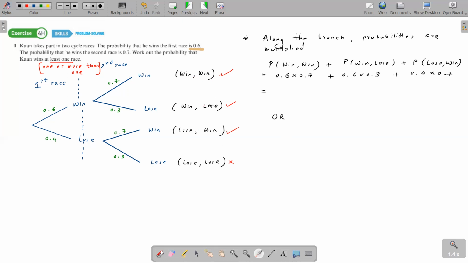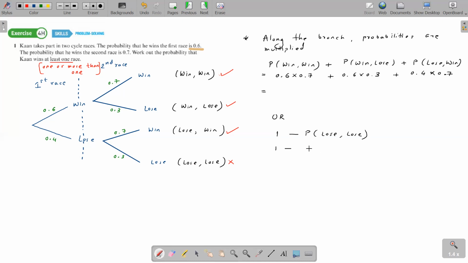The easiest way is, from the total probability 1, subtract the probability of losing both games, and you get the probability of the remaining three branches. This is actually the easiest, though both methods are fine because it's quite a simple sum.